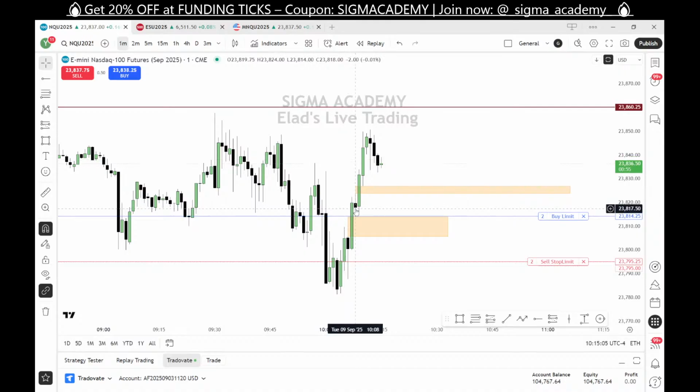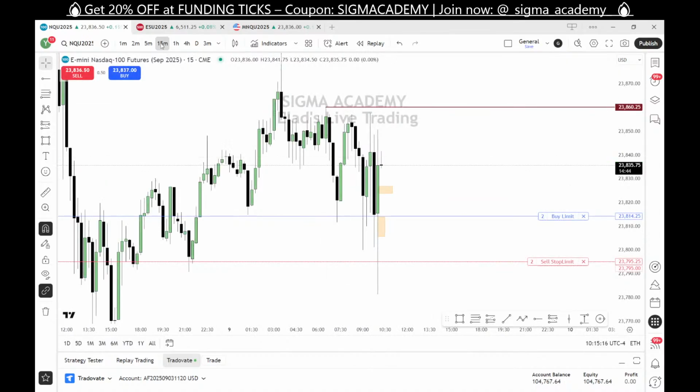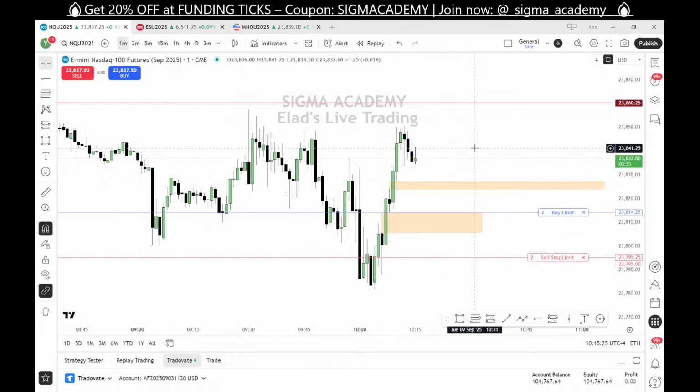Down candle send us higher. Down candle send us higher. This is what I'm worried about. It looks great, by the way, for the longs. Okay, here we are going down.